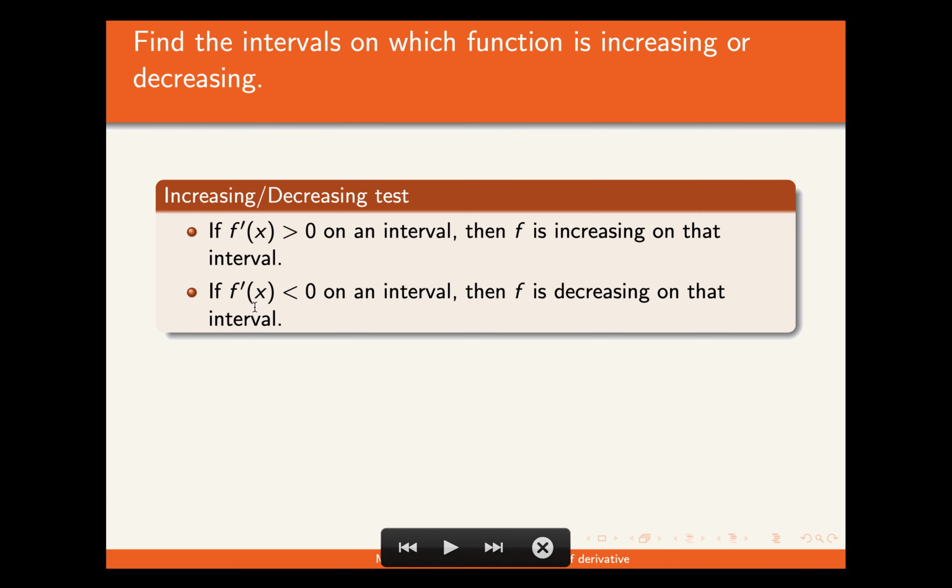In the same way, if the derivative is negative on some interval, then the function is decreasing on that interval. So what you just need to look at is the sign of the derivative within a certain interval. If it is positive, the function is increasing on that interval, and if it is negative, the function is decreasing on that interval.